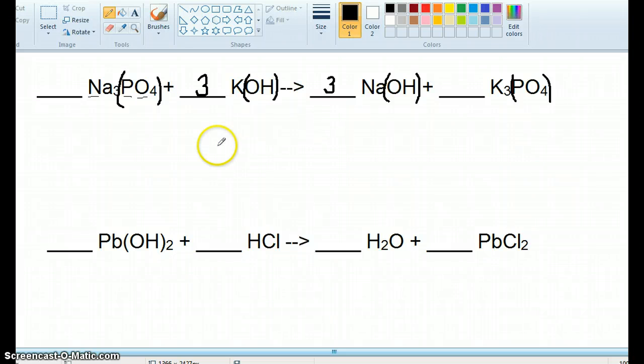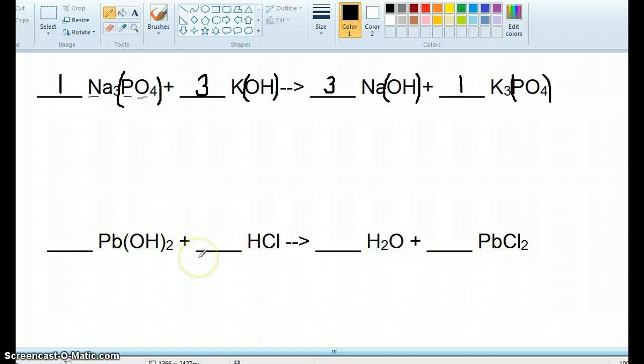So if I do a quick inventory, 3 sodiums, 3 sodiums, 3 hydroxides, 3 hydroxides, 3 potassiums, and 1 phosphate. So now my equation, I just go back and I insert ones into the problem, and it's done.